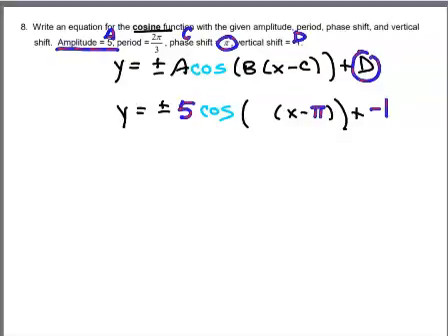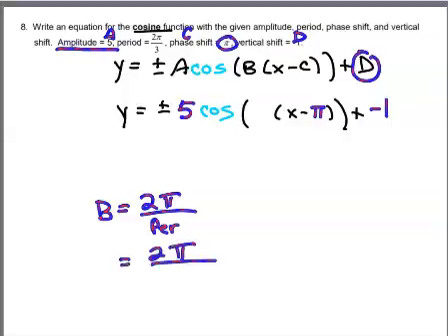The one thing we have to calculate is B, because B is 2 pi or 360 divided by the period. Remember before we found the period by going 2 pi over B? Well, now we're doing the opposite. The period in this case is 2 pi over 3.